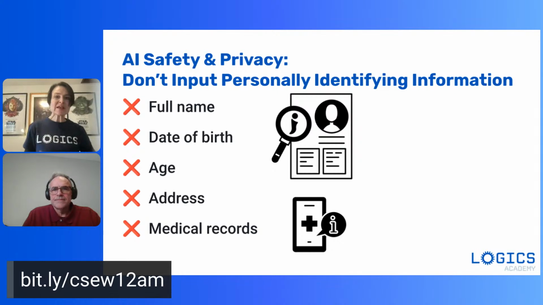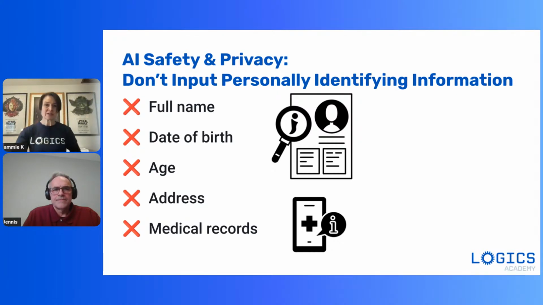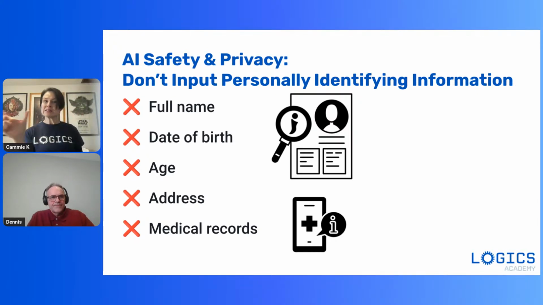So here are some things that we should not use in our AI prompts, especially when we're not using safe in-school tools that our school district has given us permission to use. So your full name. If we use like Dennis, there's lots of Dennises in the world, that's not too discriminating. But if I put last names, that is too close.